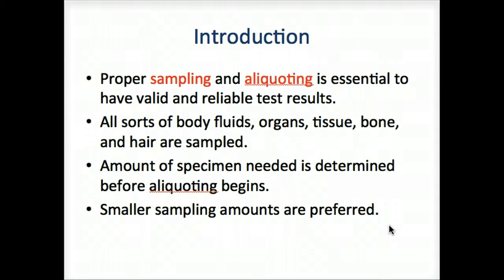But first, specimens must be properly sampled and aliquoted in order to have any hope that the test results will be valid and reliable. The word aliquoted maybe is a somewhat unusual word.